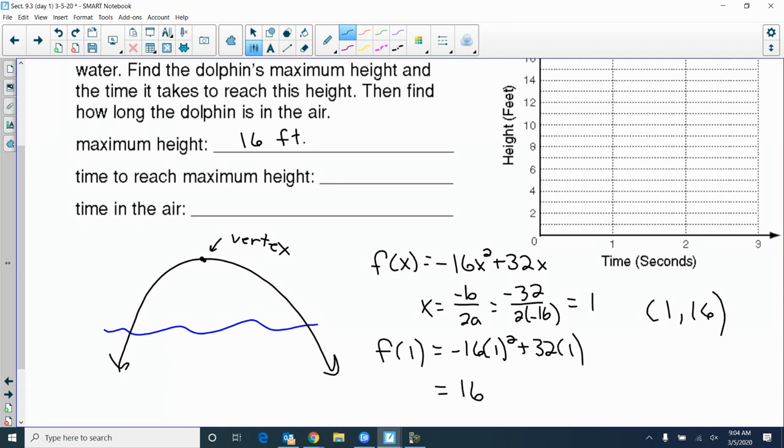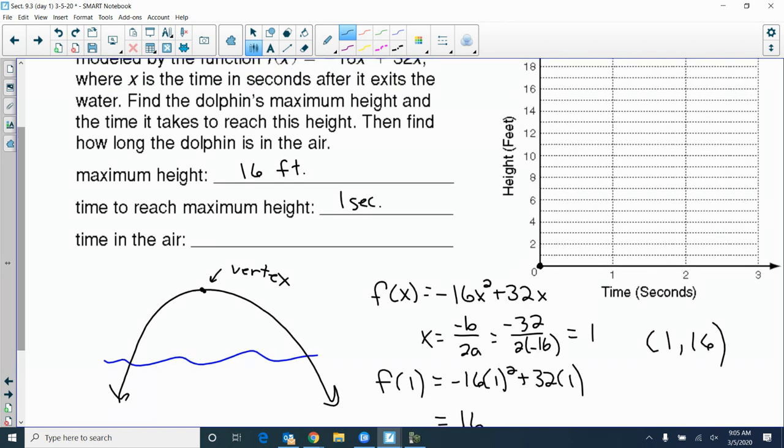Is that x value? All right, now here's what's going on. What happens when you plug in 0 into this equation? What do you get back? You get back 0. So that is this point right here. The vertex is 1, 16, which is right here.